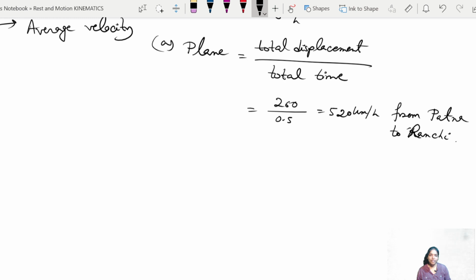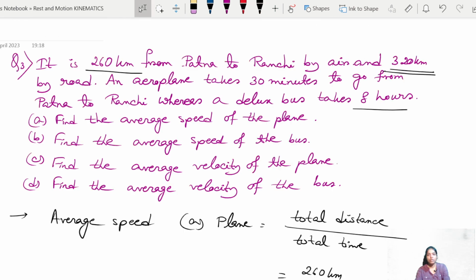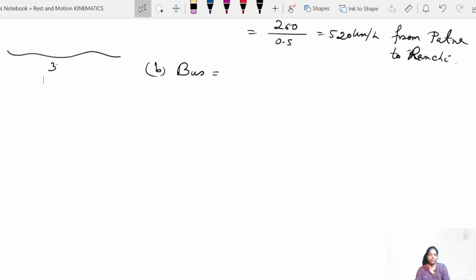Now the average velocity of the bus. When the bus goes through the road, it will take 8 hours to travel 320 km.